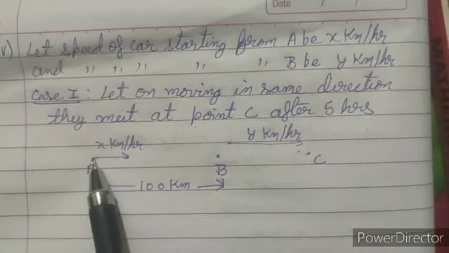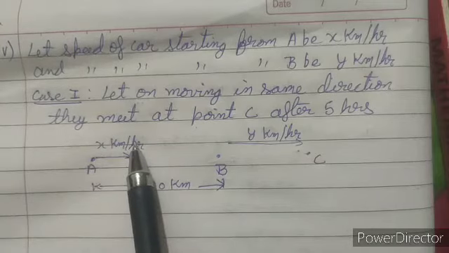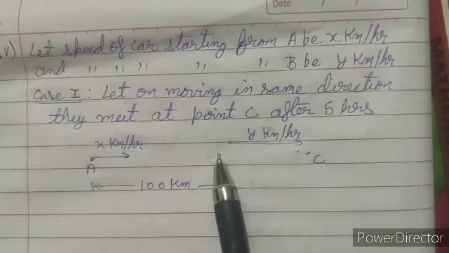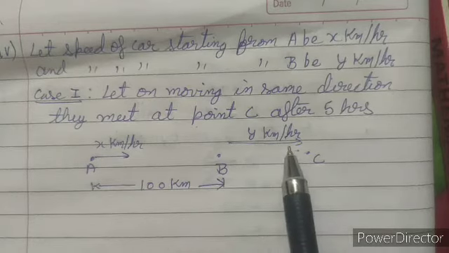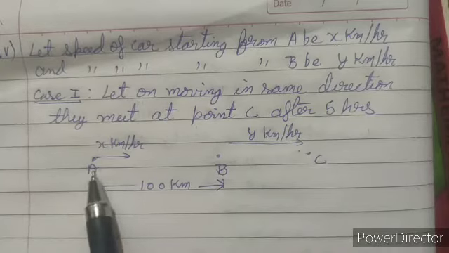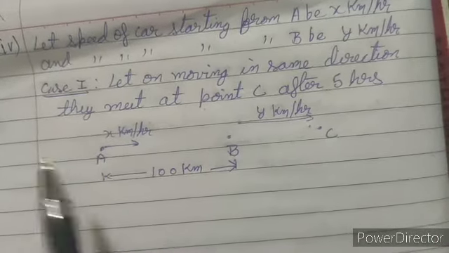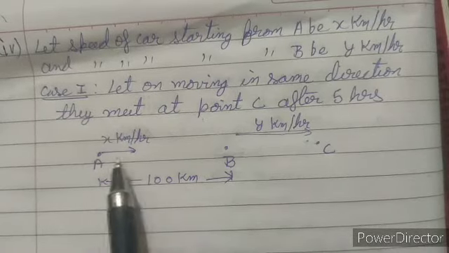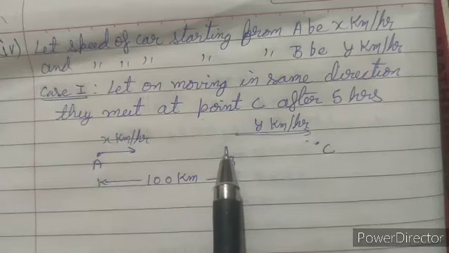Here the first car is starting from point A with a speed of x km per hour. The second is starting from point B at a speed of y km per hour, and they are moving in the same direction and they meet at point C. As we know, the distance between A and B is given as 100. So we can say that here AC minus BC will be equal to AB.